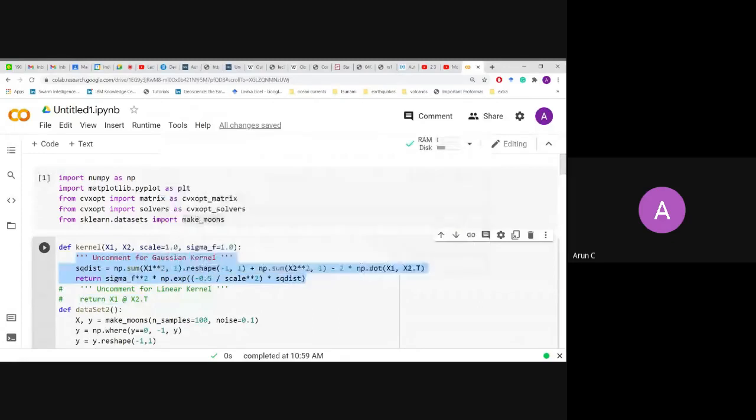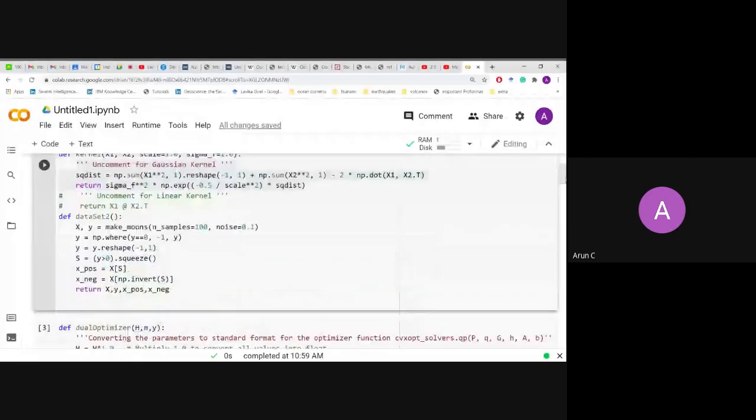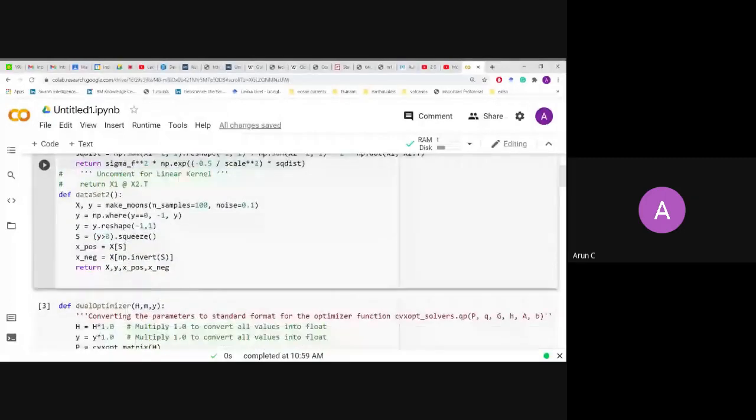For this Gaussian kernel, this is the code, and you might have used it before also. Then the data set, make_moons, you are bringing some 100 samples from it, with a noise of 0.01. You had added some noise also. Then these are your X and Y labels, and you put all this into a complete data set.